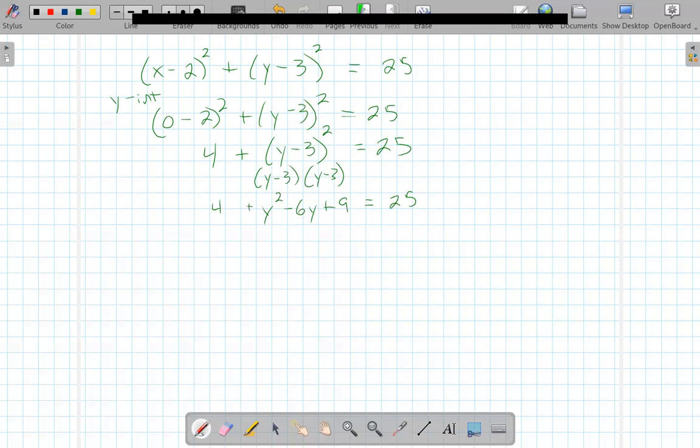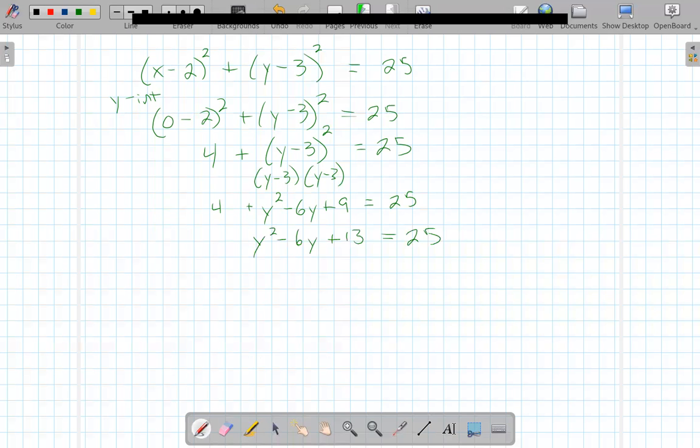Next thing to solve this, we would add like terms. So the 4 plus the 9 are the only like terms I have left on this side. So 4 and 9 is 13. And then you were probably trained in a previous math class that if you have a square and a single powered variable here, then you should probably get 0 on the other side.